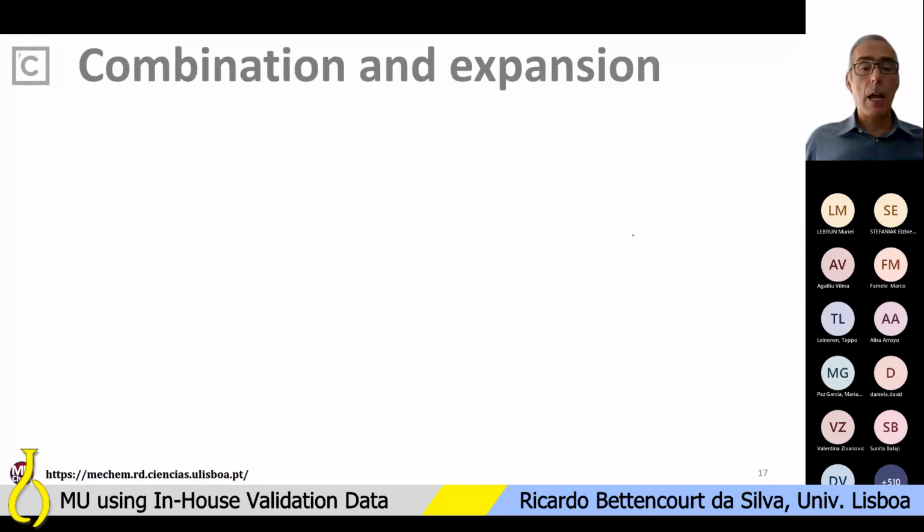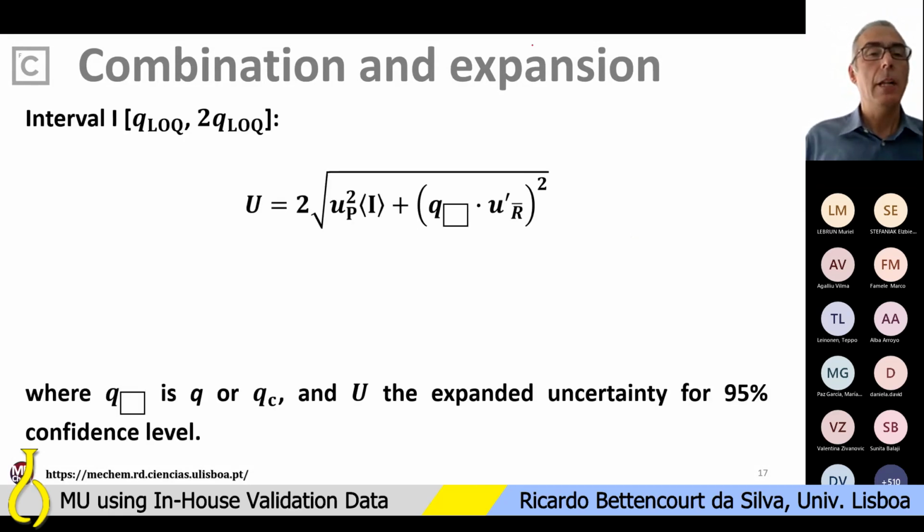And now, how to combine everything together, in this case assuming that there is no relevant additional uncertainty component. How can we do that?